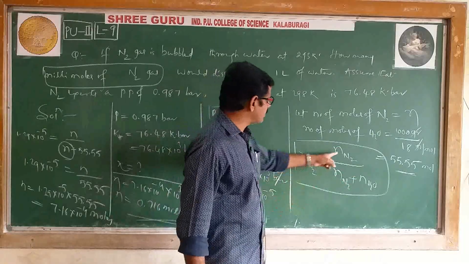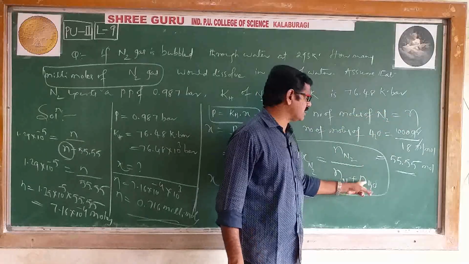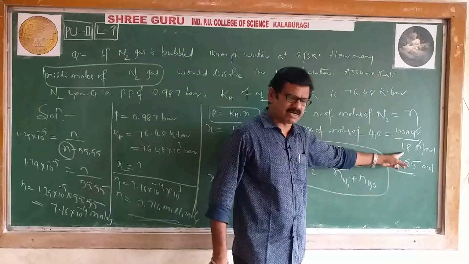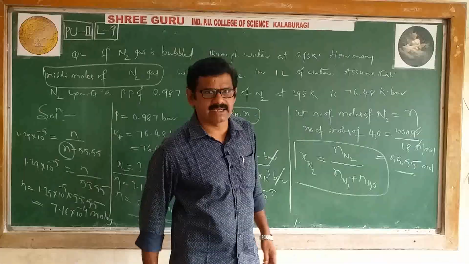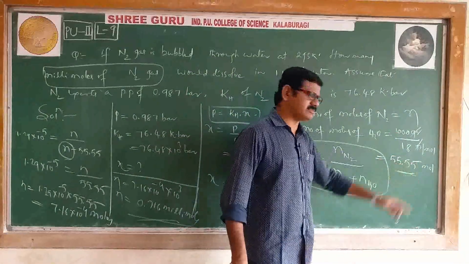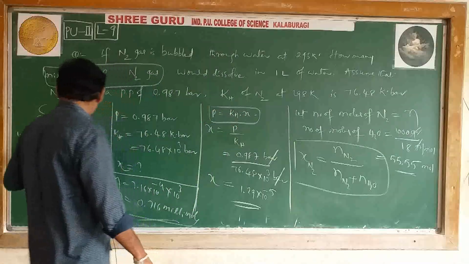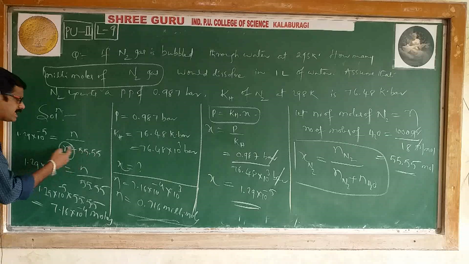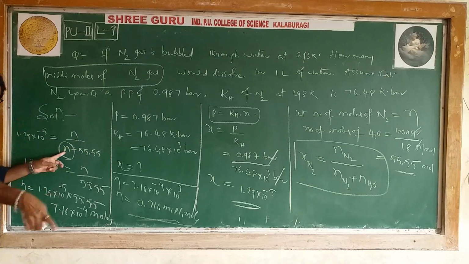Now, what am I doing? The number of moles of nitrogen is denoted as n, then the number of moles of water is mass by molar mass. Mass is 1000 grams. How 1000 grams is obtained, I already explained. Mass by molar mass is 55.55. If you substitute here, we get this value. Now when we compare these two values, one is negligible.